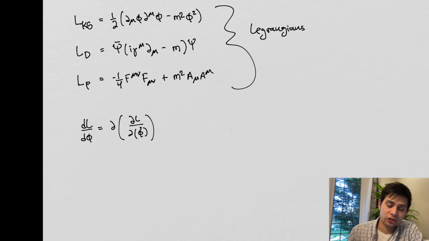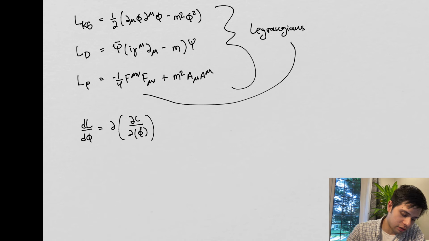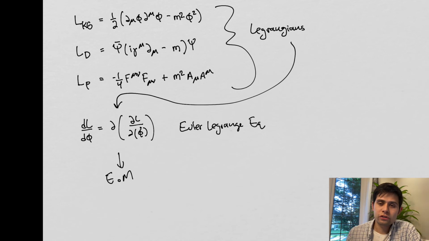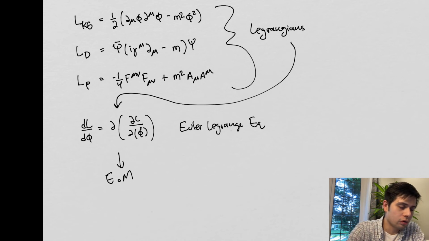Okay, and then we had our equations of motion, so we were able to take our Lagrangians, feed them into the Euler-Lagrange equation, and get our equations of motion. And our equations of motion, again, were our Klein-Gordon equation, our Dirac equation, and our Proca equation. Right, so let's say our Proca equation for right now, let's just talk about that one because that's the one in front of me right now.